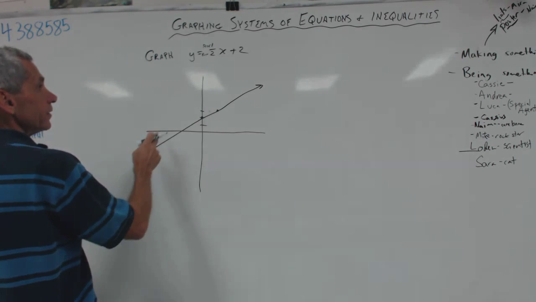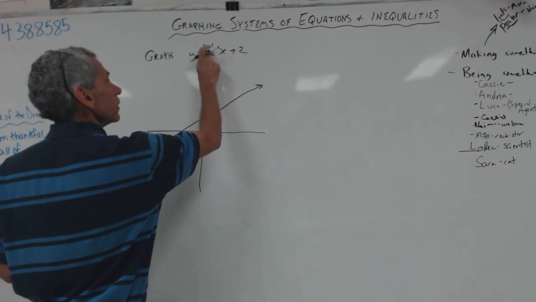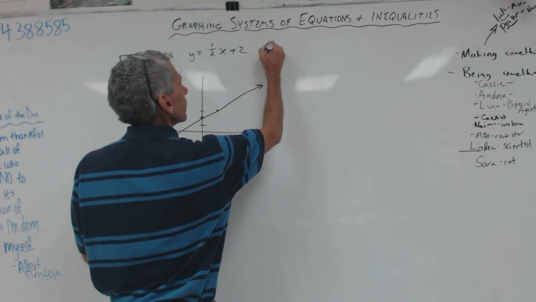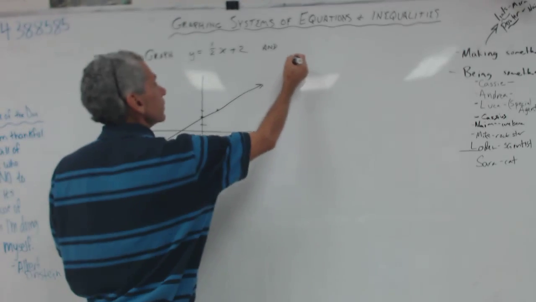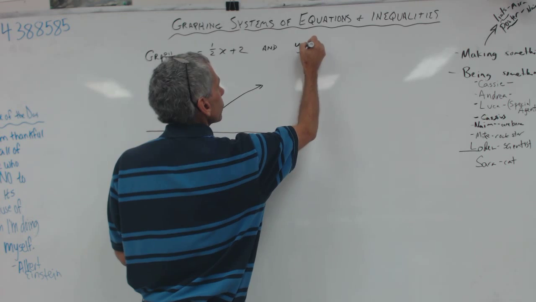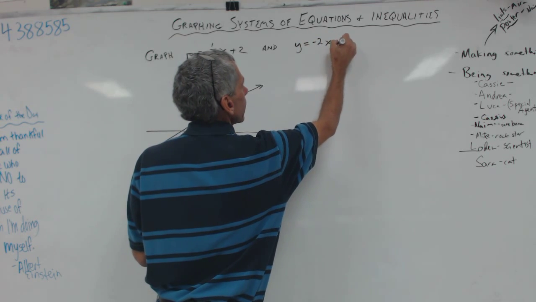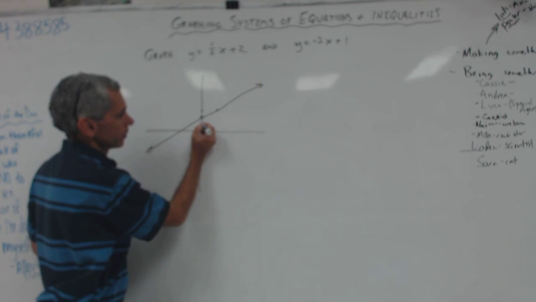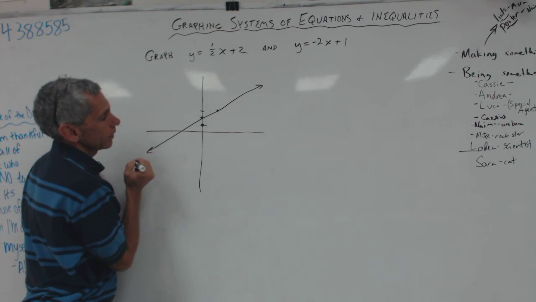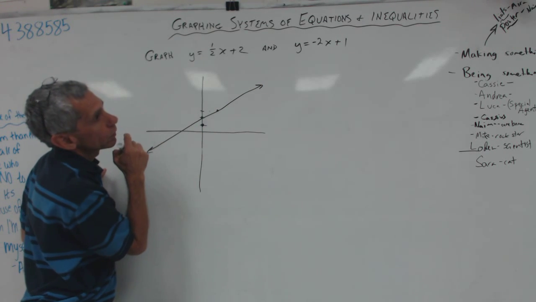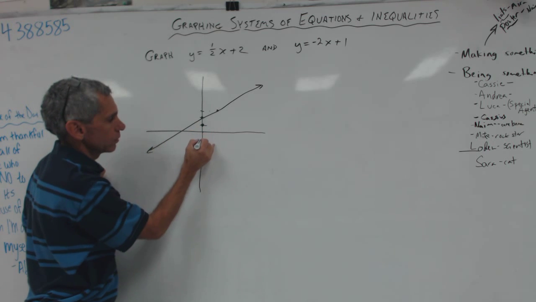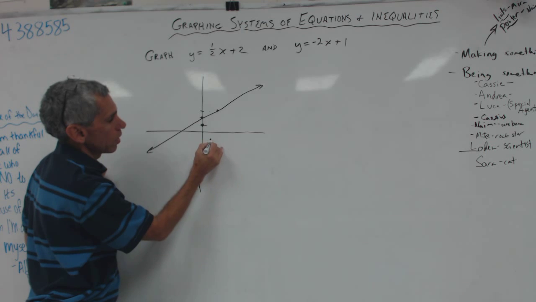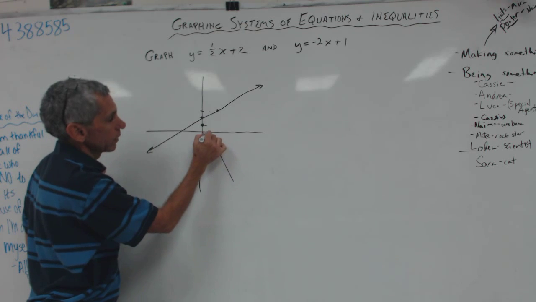So let's say I said graph this equation, get rid of that right over run so it doesn't look confusing, and this equation: y is equal to negative 2x plus 1. All right, so I'm going to go up 1, put a dot, and then down 2, over 1, put a dot, and I'm going to draw this line, boom.